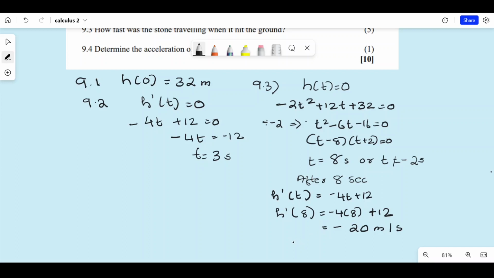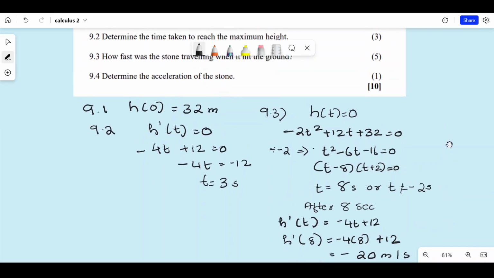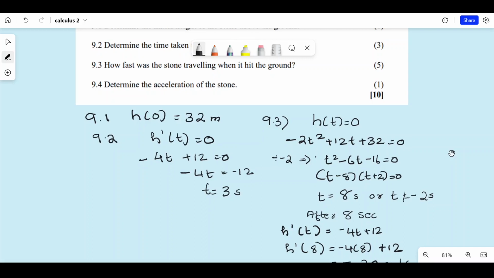The negative shows the stone is going downwards. That is the meaning of it. So how fast the stone was going was 20 meters per second. The negative just shows that it's going downwards. Now that was 9.3. Now determine the acceleration of this stone.